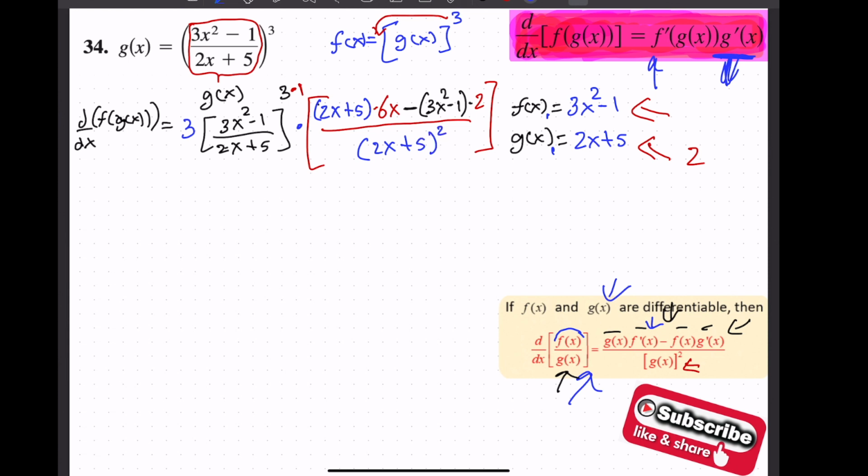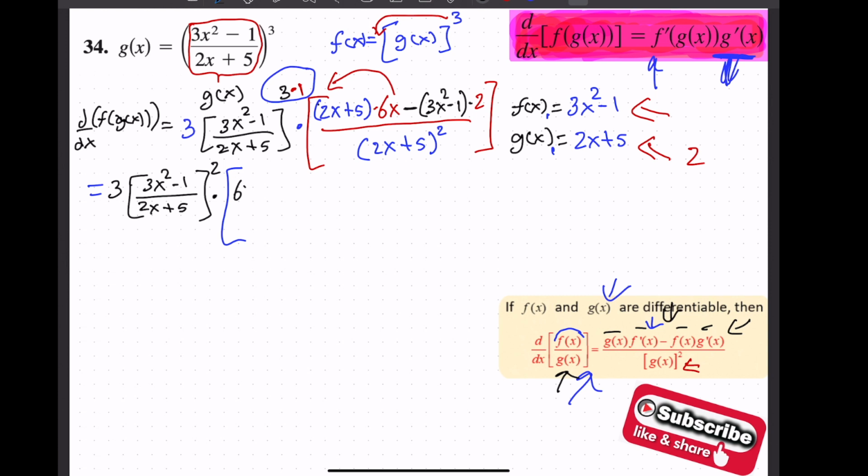Now I'm ready to simplify further. I have basically 3 there, and then I have 3x squared minus 1 over 2x plus 5, and as we simplified this power here, we get simply a 2 times, and then we need some square brackets to differentiate. I'm going to rewrite this 6x, I'm going to have it up front.